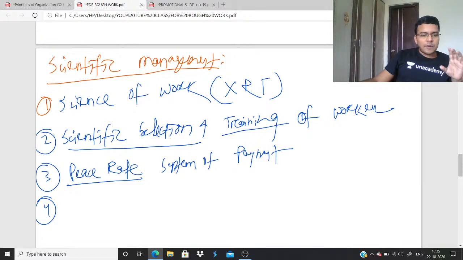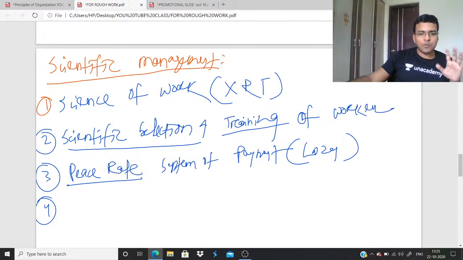Piece rate system of payment means target based. You produce 5 chairs, you get 500. You produce 10 chairs, you get 1000. This is the piece rate system. So this will remove the lazy employee. The lazy employee will not get anything. After that, mnemonic classification.